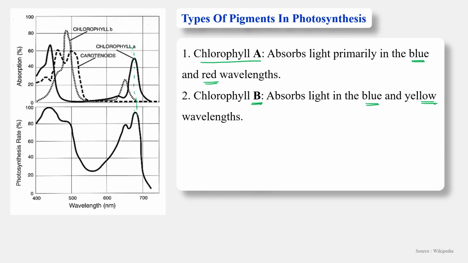So maximum absorption occurs over here and here, meaning the blue and red regions. For chlorophyll B, maximum absorption occurs in the blue and yellow region. This one is for yellow.